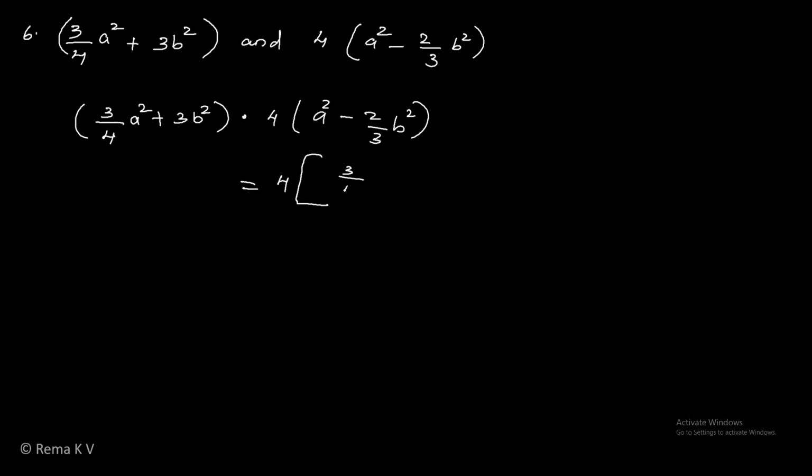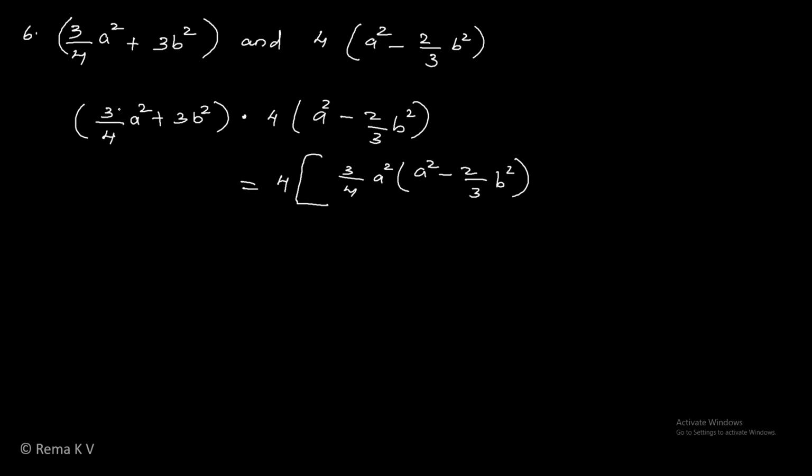So 3 by 4 a square into the second expression is a square minus 2 by 3 b square. See the first expression into the second one. First term of the first expression into the second expression. It is a square minus 2 by 3 b square.